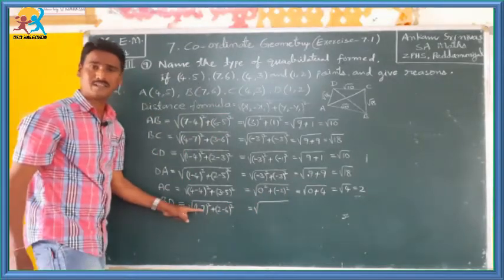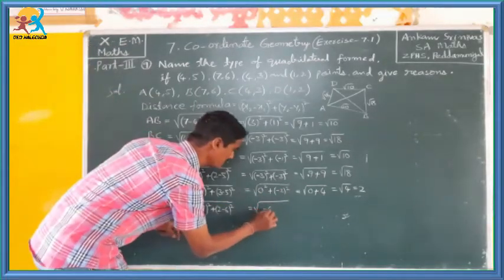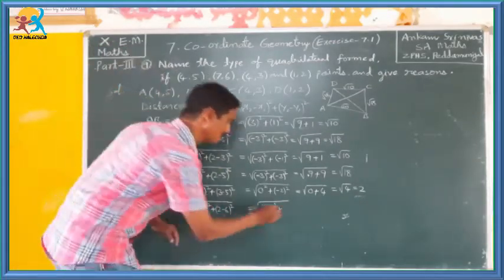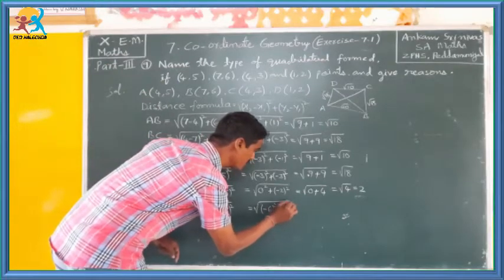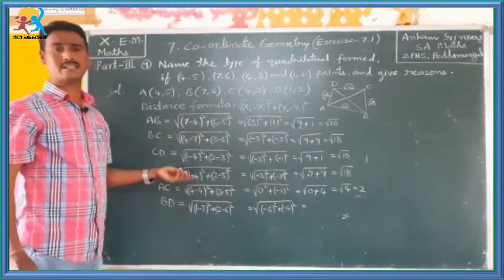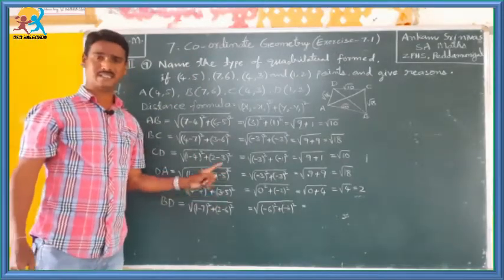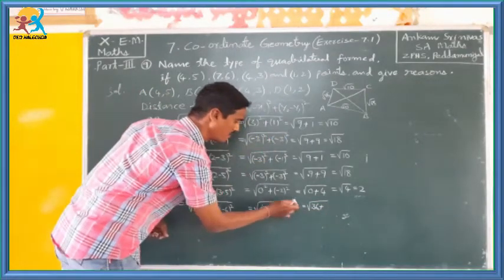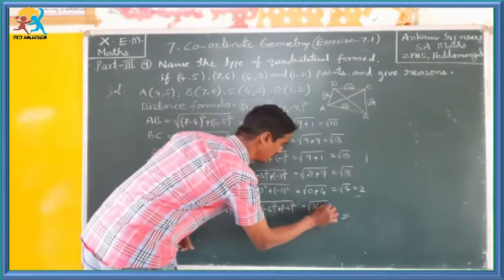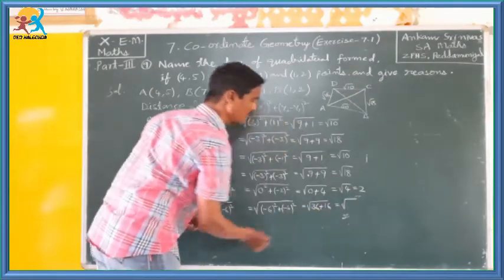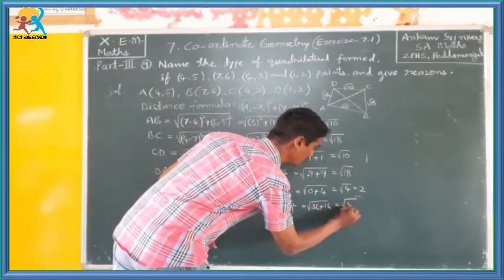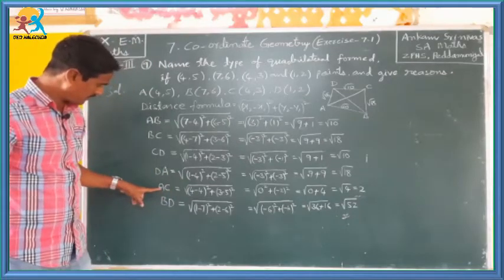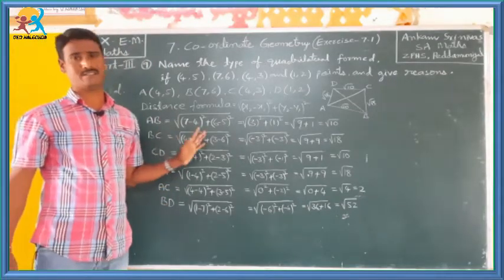Here 1 minus 7 is minus 6, and 2 minus 6 is minus 4. Now minus 6 whole square, minus into minus is plus, 6 sixes are 36. 36 plus minus 4 whole square, 4 fours are 16. Now 36 plus 16 is 52. Clearly we can find that the lengths of diagonals are not equal.